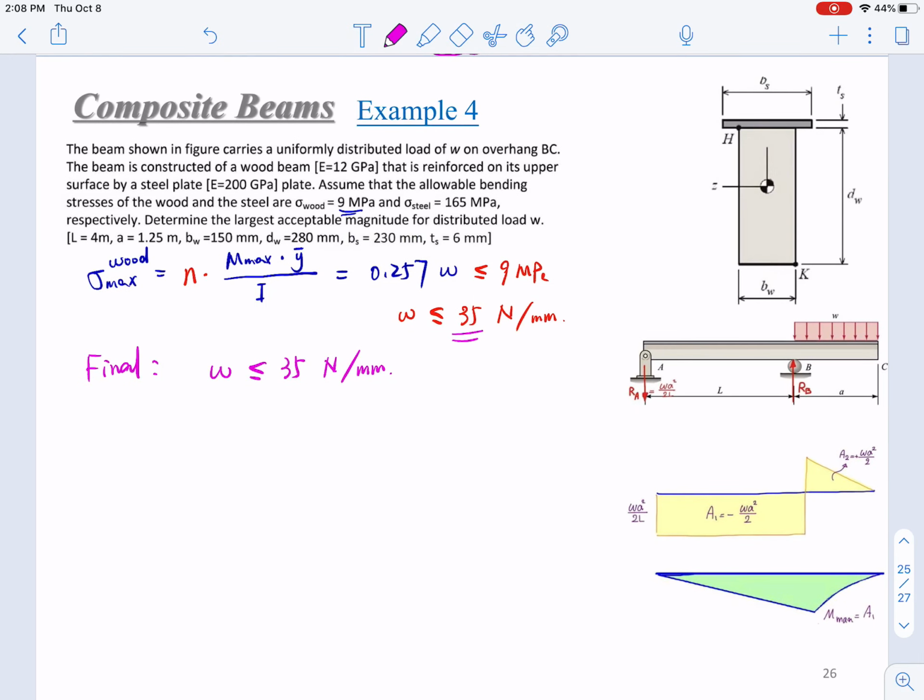But as we mentioned, you will have another choice. You can convert the steel into wood. But if you do that, you can see what will happen.